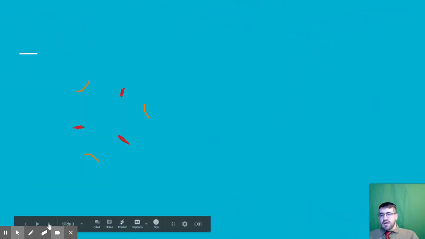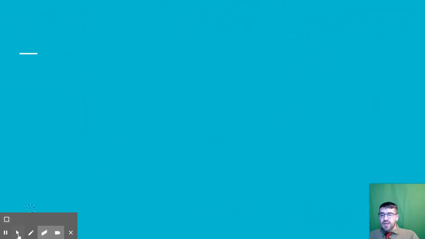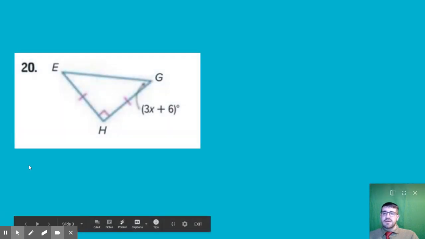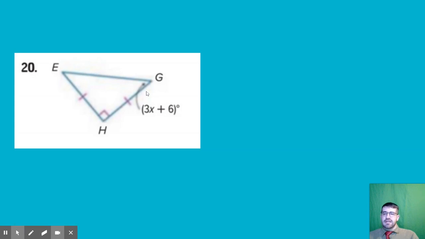Okay, moving on to question 20. So we are given angle EHG with a right angle here and two tick marks on the sides here, and we want to find out the value of x, which is giving us g degrees. So what kind of triangle do we have here?